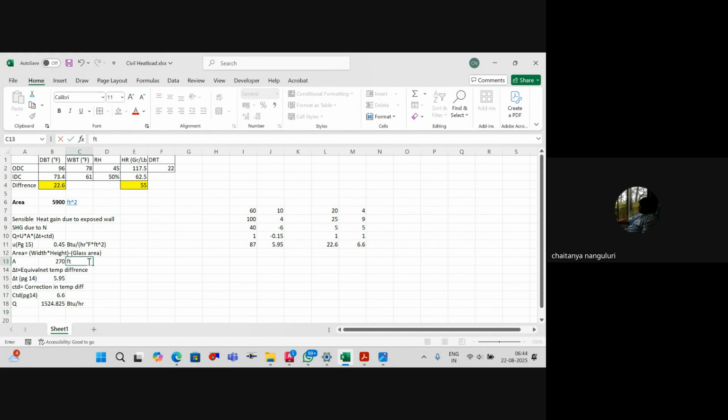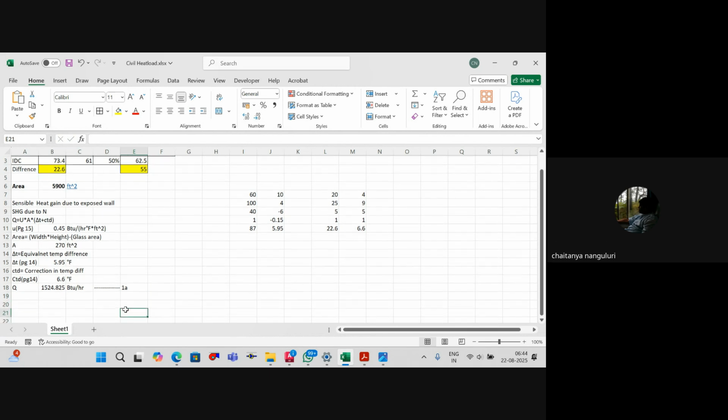Area is in feet square, and delta T plus CTD is in degrees Fahrenheit. I'll write this as equation 1A. Understood or not?